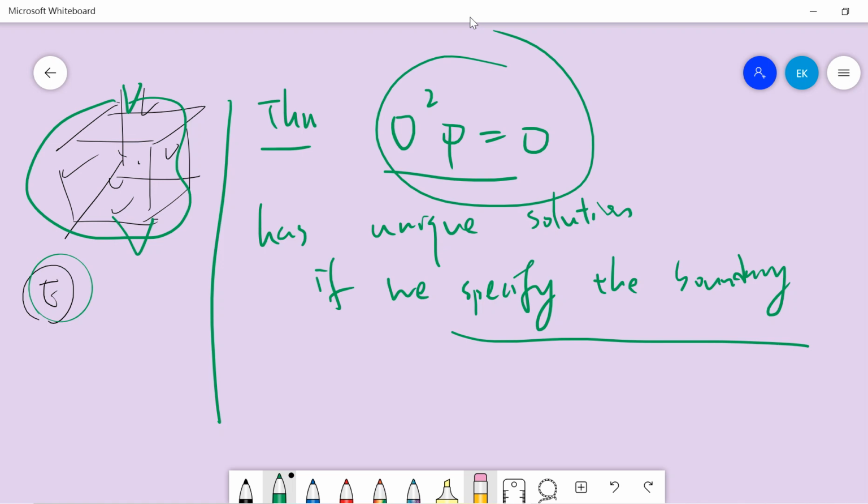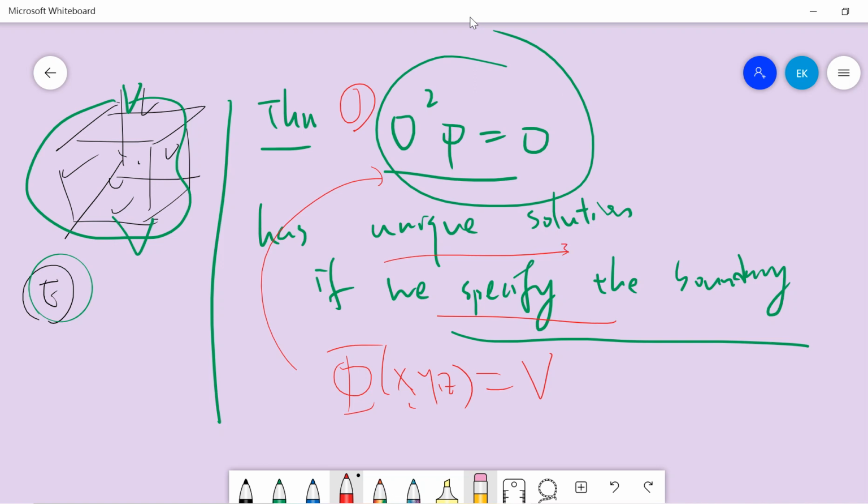So if the boundary is all V, then I can guess the potential everywhere in the cube is V. Then this satisfies the equation, and it also satisfies the boundary conditions. So the uniqueness theorem of the Laplace equation tells me this is the correct answer. So the answer is E. We are not just randomly guessing.